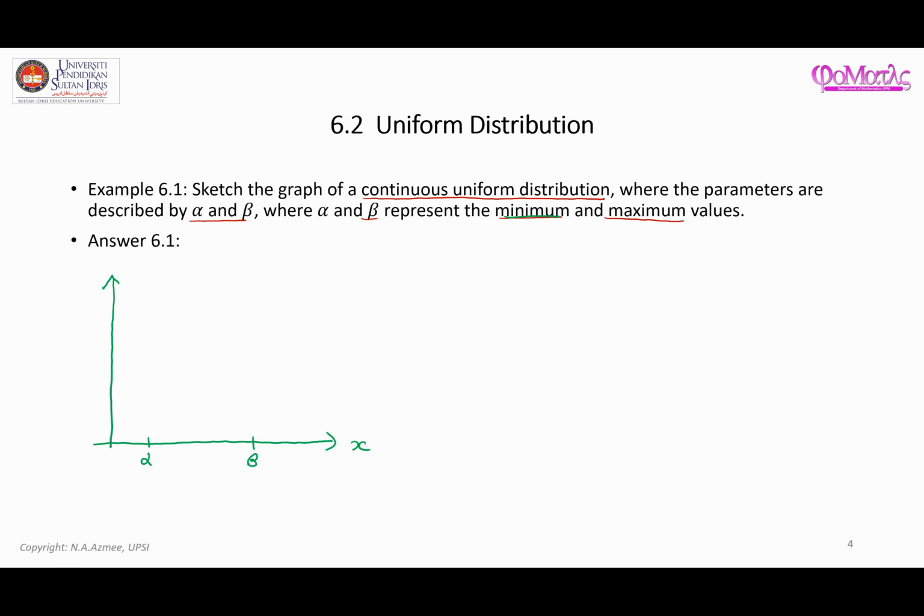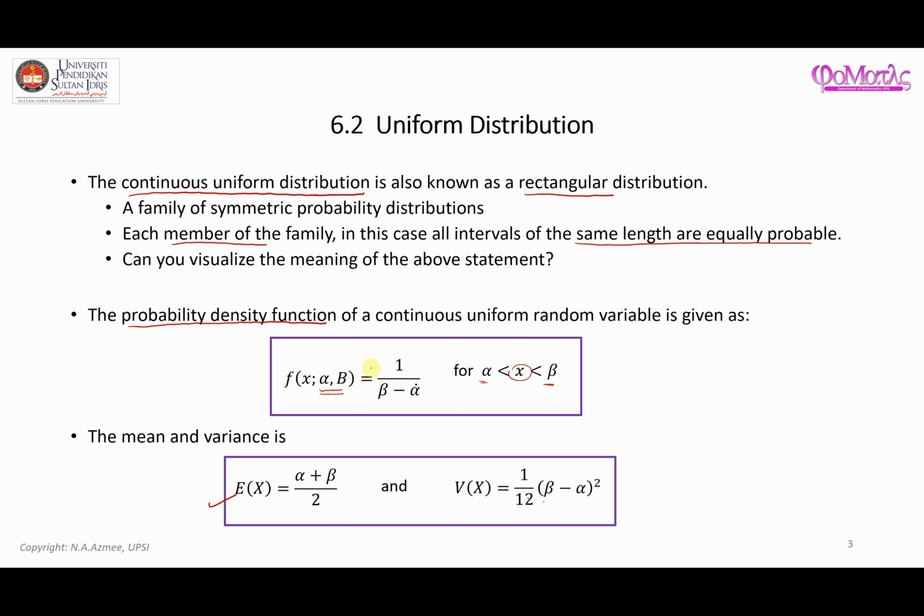This is the maximum value, and this is f(x), the value of the probability density function, which is given by 1 over beta minus alpha. This is just a constant, so we know the graph is going to be a straight horizontal line from alpha to beta.